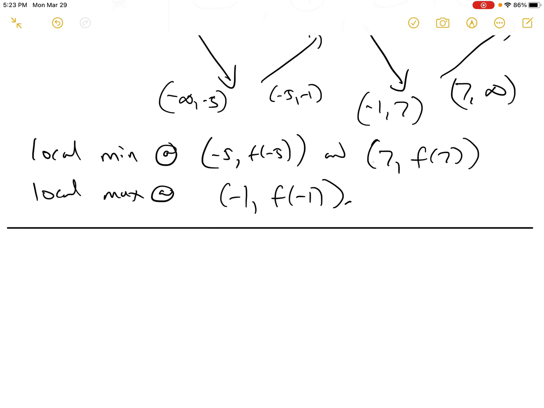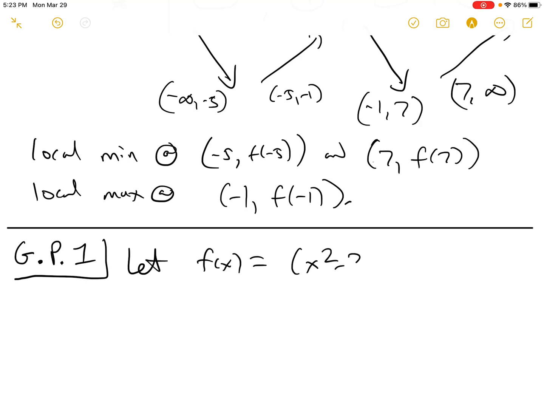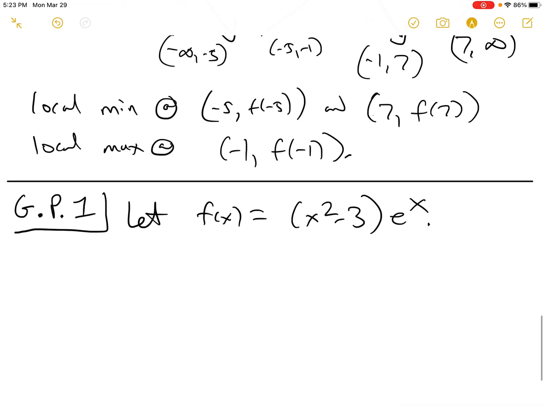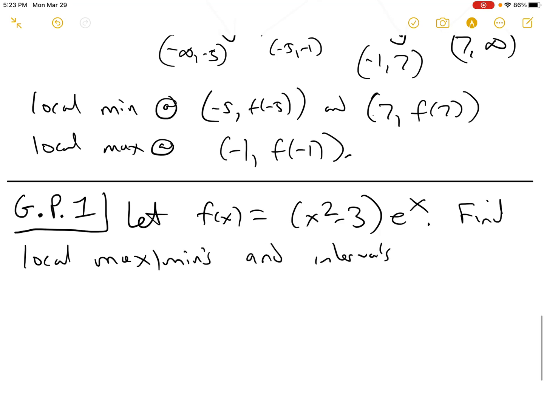So here's our first guided practice. Let f of x be x squared minus 3 times e to the x. So you want to find local max mins and intervals of increase and decrease.